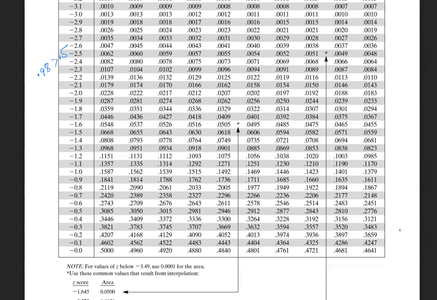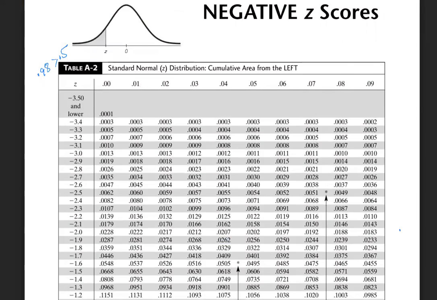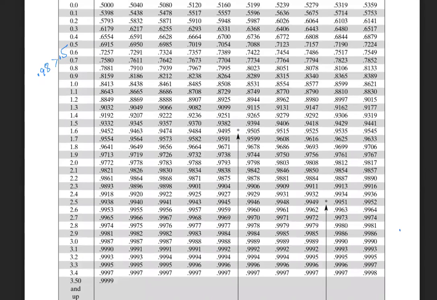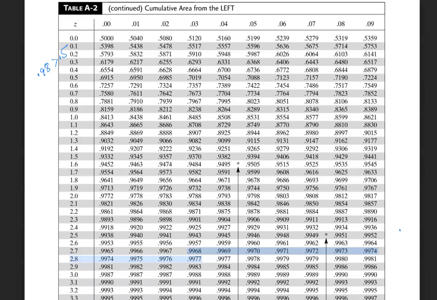So that means you should be looking at the positive z-scores table, not the negative z-scores table, which is this one. So we're going to look at the positive z-scores table and try to find the value that is closest to 0.98. So which one is closest to 0.98: 9850, 9808, 9798, 9803?